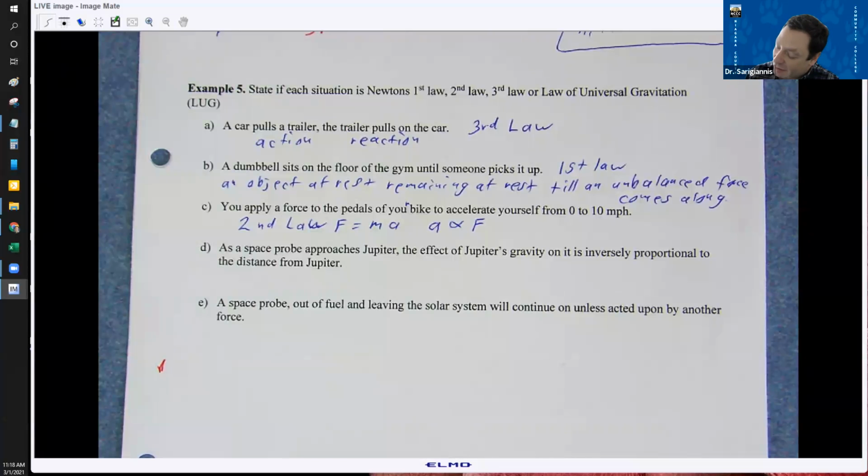All right, let's go with letter D now, which is, as a space probe approaches Jupiter, the effect of Jupiter's gravity on it is inversely proportional to the distance from Jupiter.